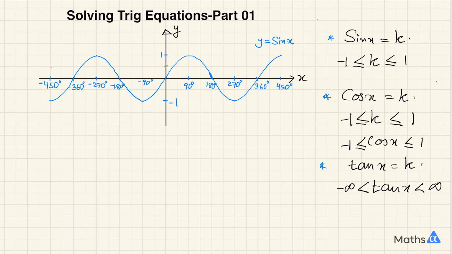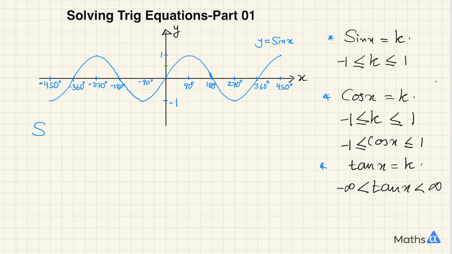Now let me take an example. In this video, we're going to discuss this type of trig equation, sin x equal k. Essentially k can be negative or positive, between 0 and negative 1, or 0 and positive 1. Let me take this equation first.